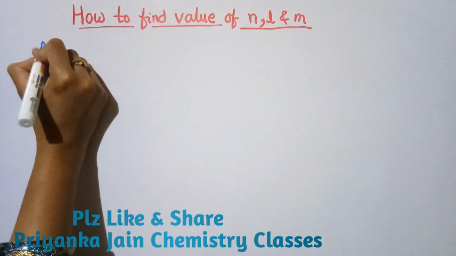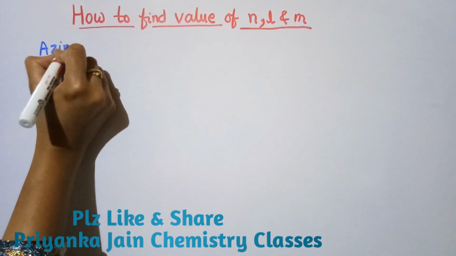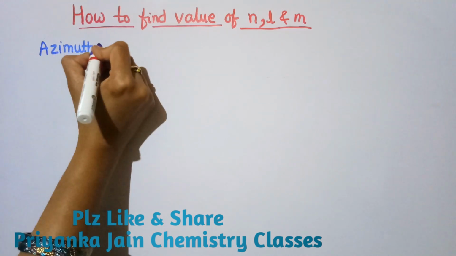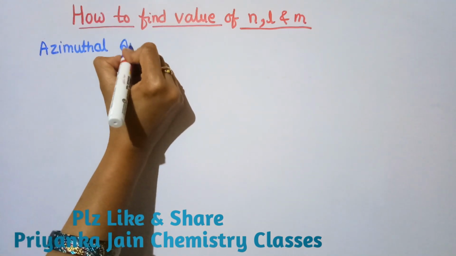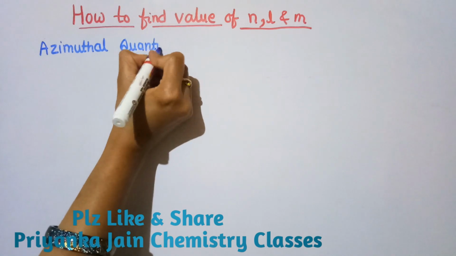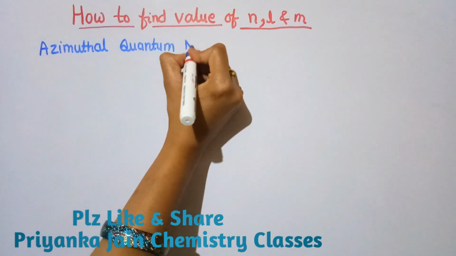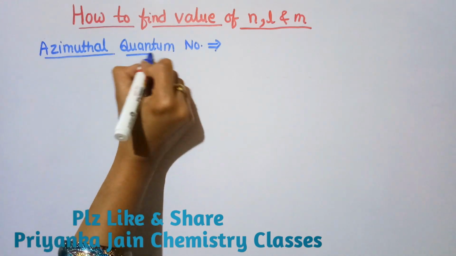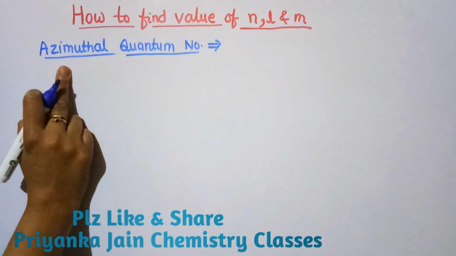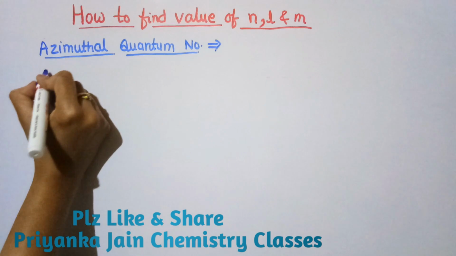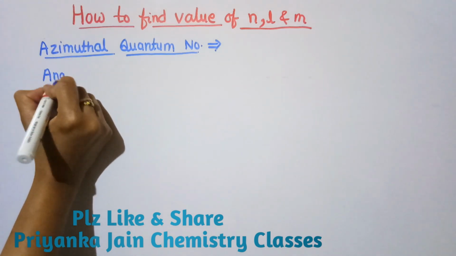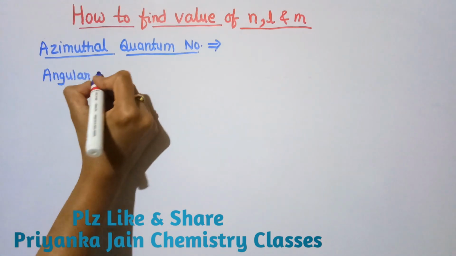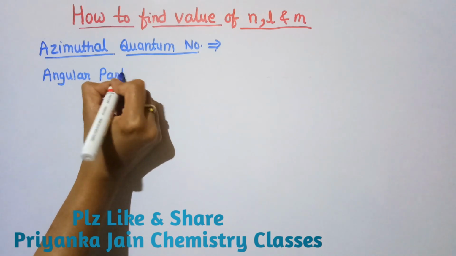Now we have to find out the value of the azimuthal quantum number. For this we have two options. One is that we can find it from the angular part. So firstly we are seeing the angular part. If we are given the angular part, then how can we find it?